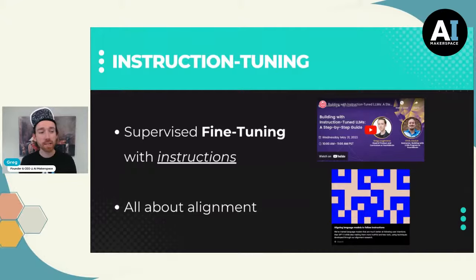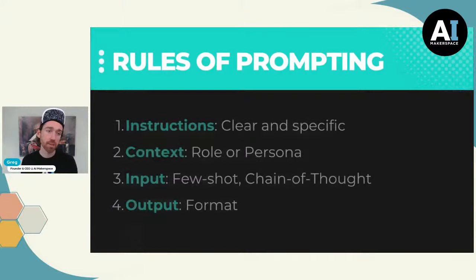If we focus on this idea of instruction tuning, and we've got some content for you to go deeper on this if it's of interest to you as well, then we can connect it directly back to what we're doing when we start building LLM applications with prompting and prompt engineering.